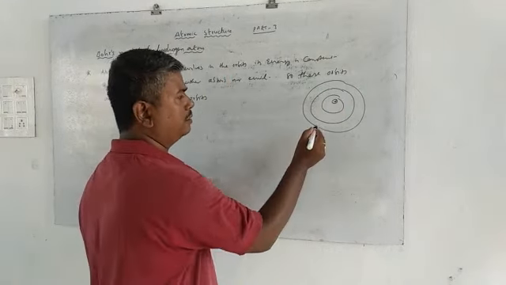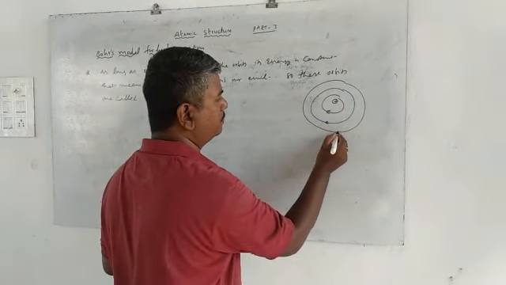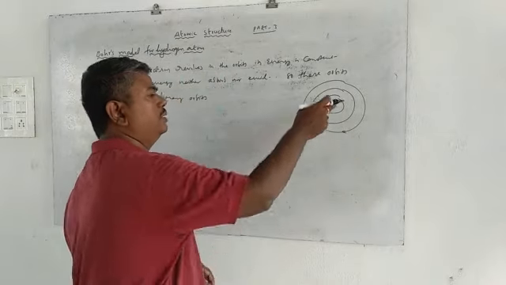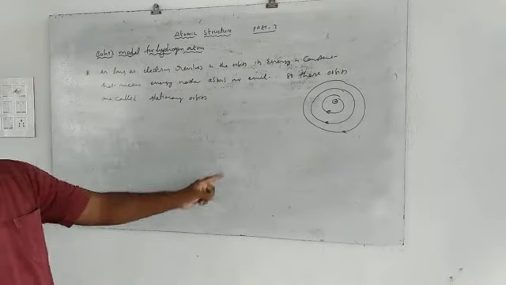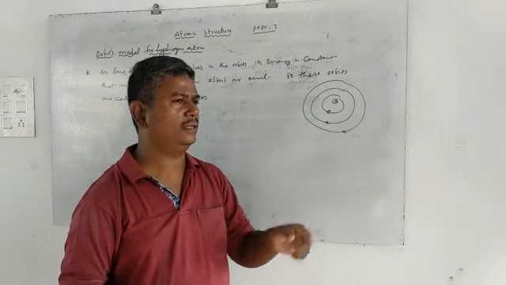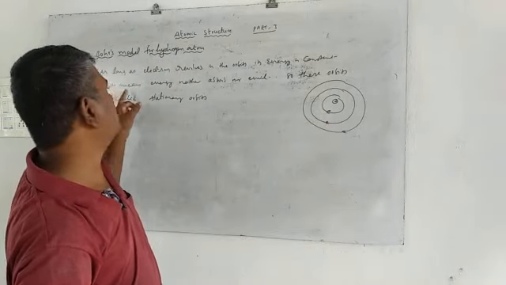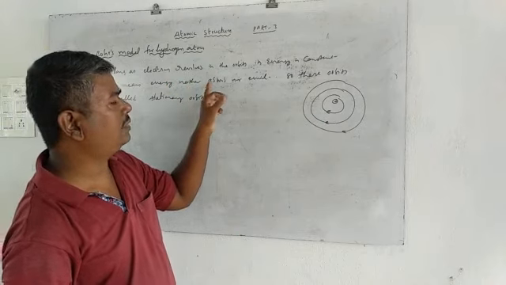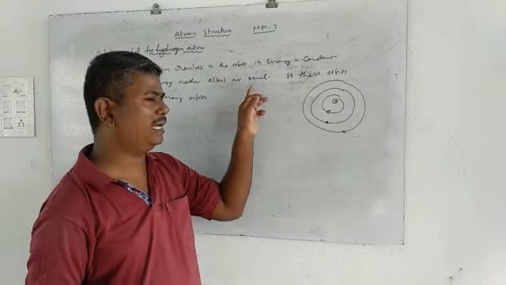Observe, this is the nucleus. Like this, the electrons revolve around the nucleus in specified orbits. As long as the electron revolves in the specified orbit, it doesn't lose energy by either absorption or emission.